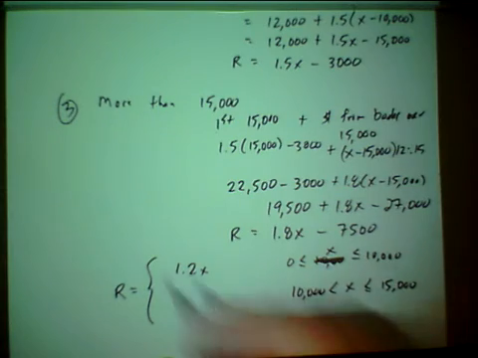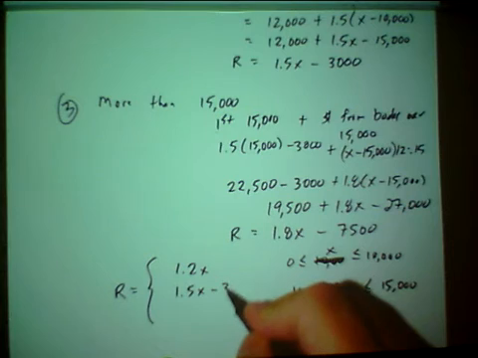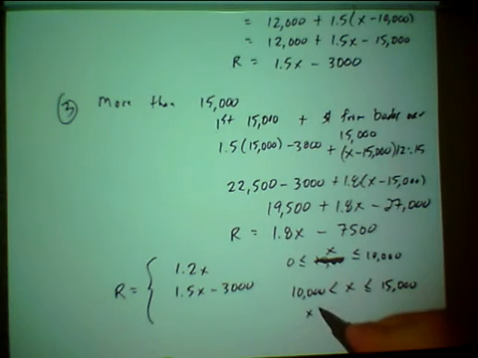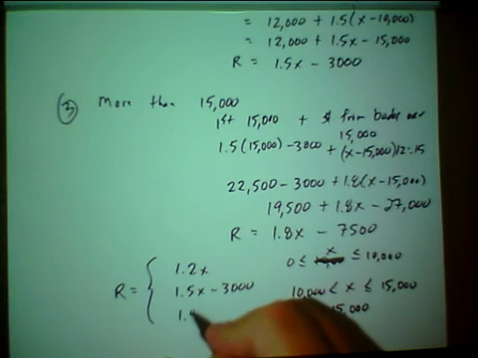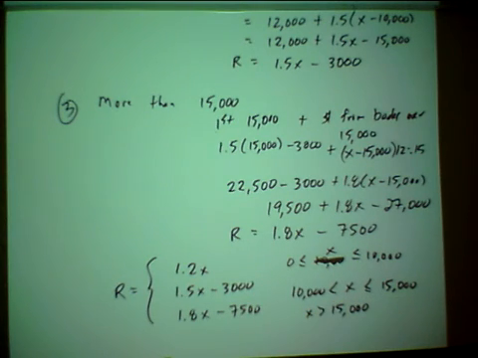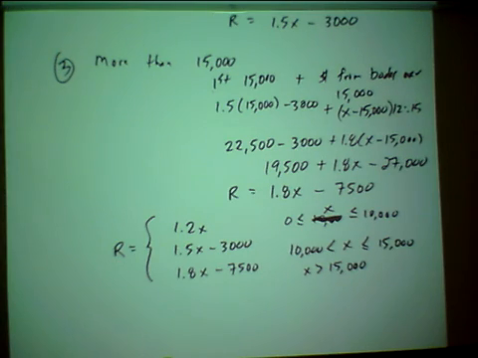And the equation we came up with was 1.5x minus 3,000. And then for the last level, which is x greater than 15,000, the equation there was 1.8x minus 7,500. So that was a pretty nasty problem, but that is an example of a piecewise function story problem.